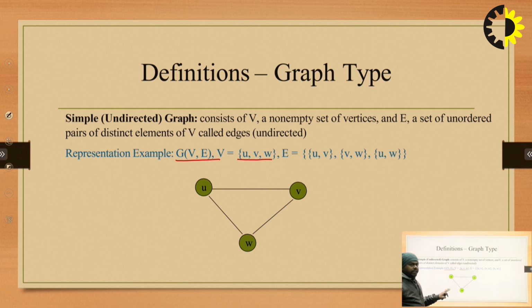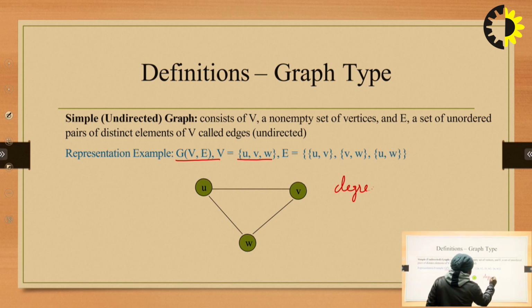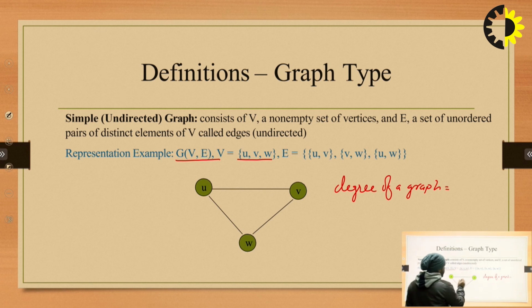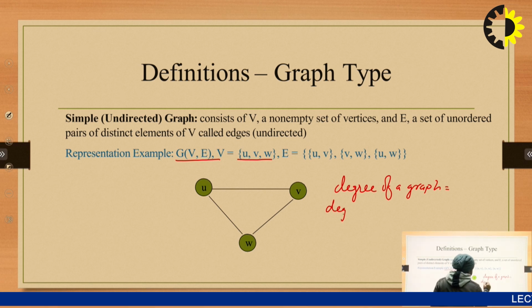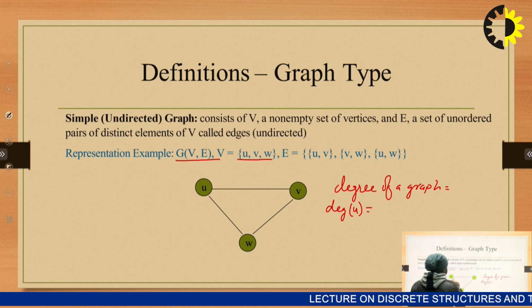How to find the degree of a graph? We have to calculate the degree of each vertex. We represent it like this: degree of u. There are two edges coming to u.